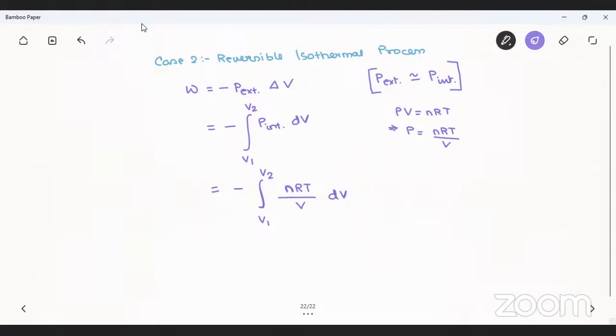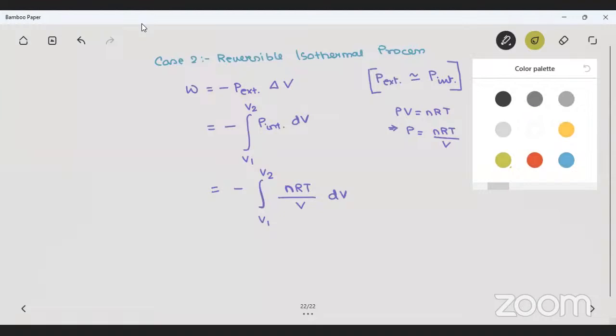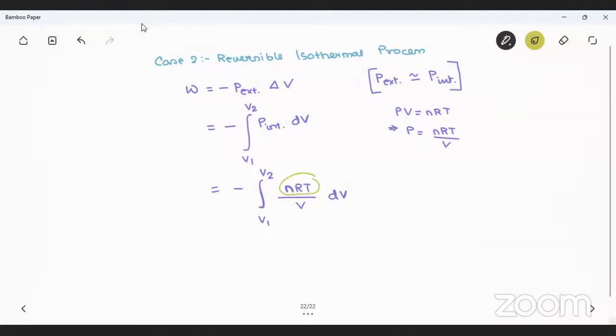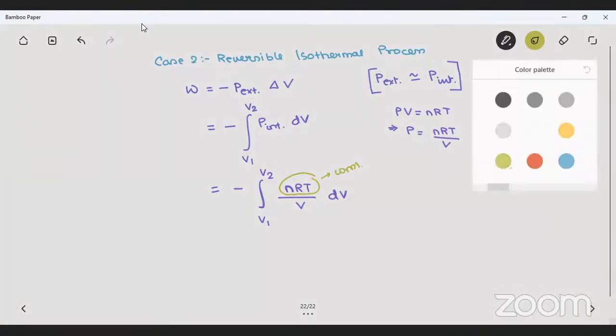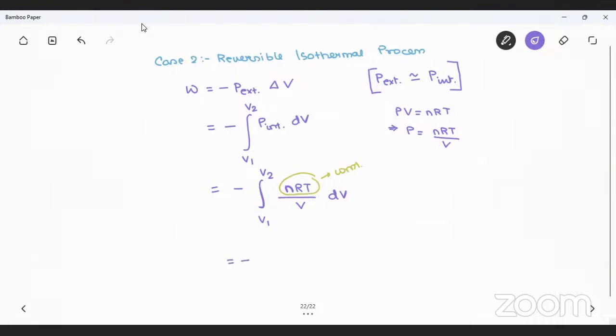This is a constant part. Someone who teaches you maths will tell you that during integration, you take this constant part out like this: V1 to V2, dV by V.